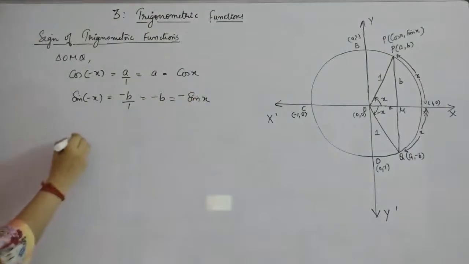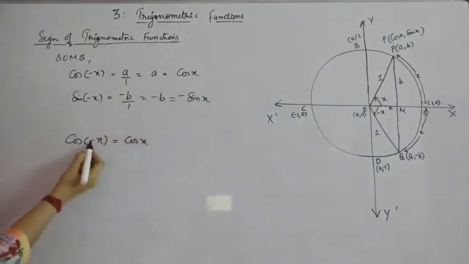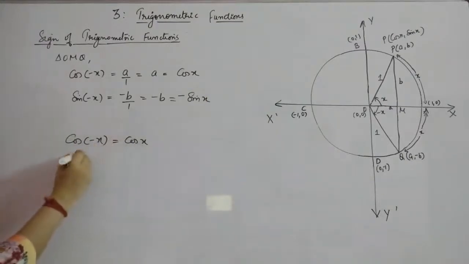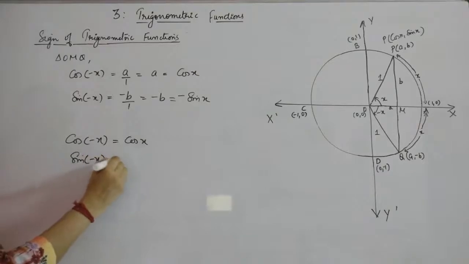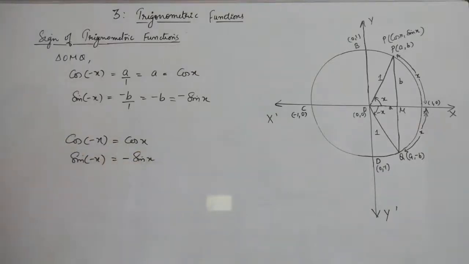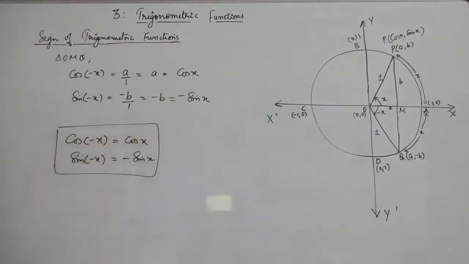So cos of minus x gives you cos x. That means even if the angle has a negative sign, it comes out positive. And for sine of minus x, the minus is taken out and the angle becomes positive. These are the properties you have to remember: cos of minus x is cos x and sin of minus x is minus sin x.